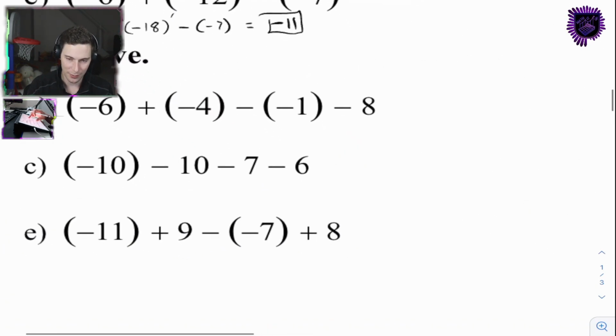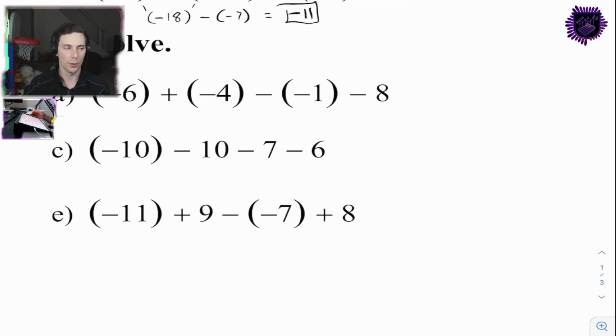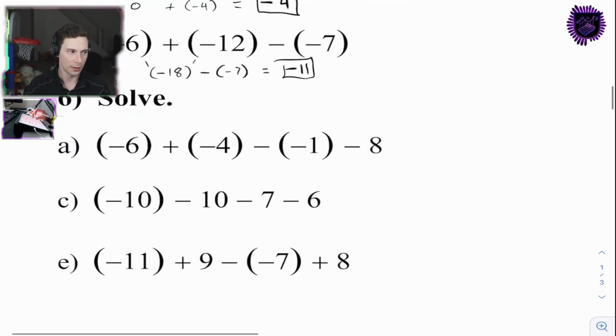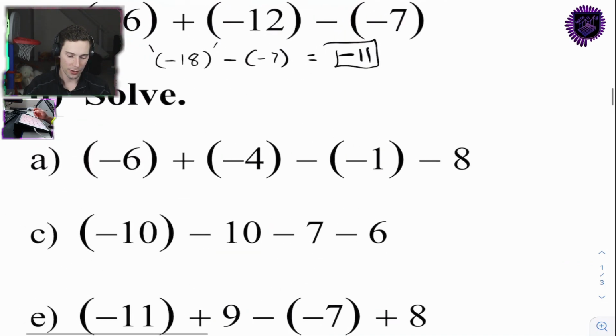On to question 6. We have 4 numbers, 4 integers to add together. Oh my goodness. 4 integers. So we can do it at any step we want, as long as we pay attention to our addition and subtraction signs. Those are really important. So this is going to be here and here.